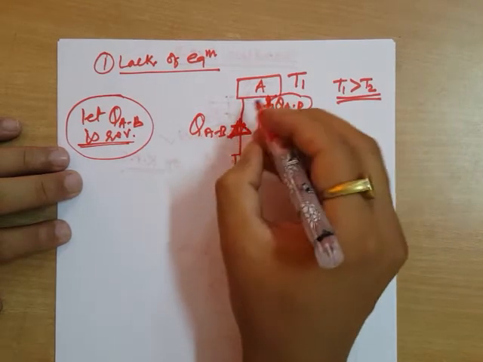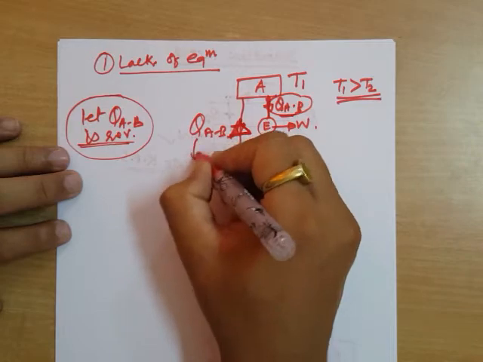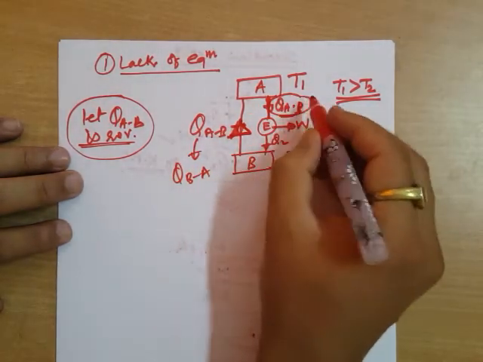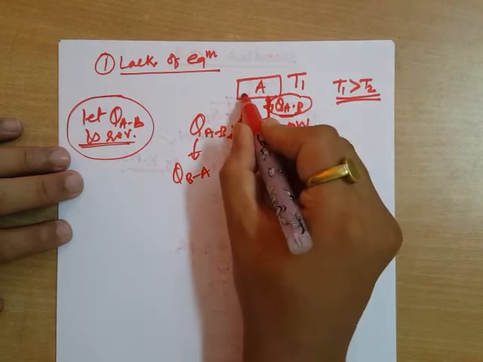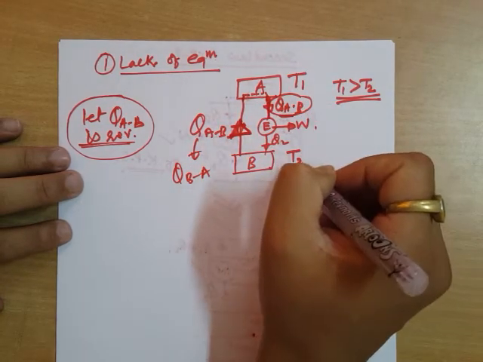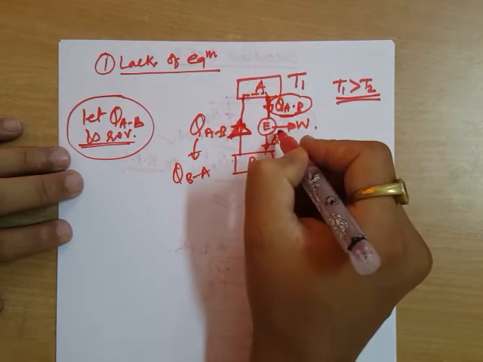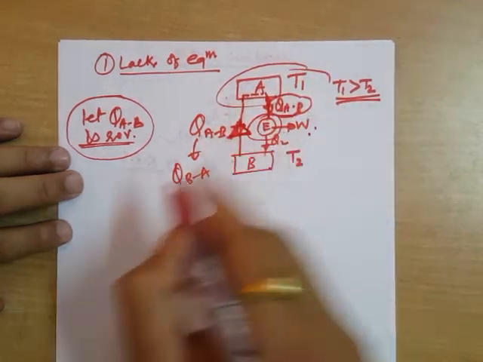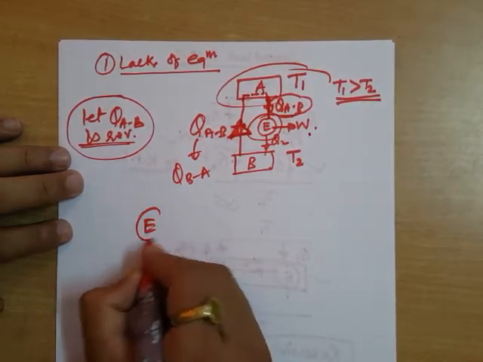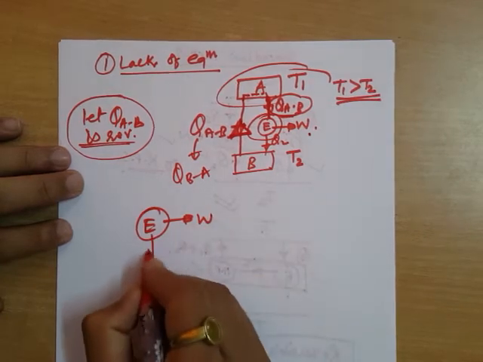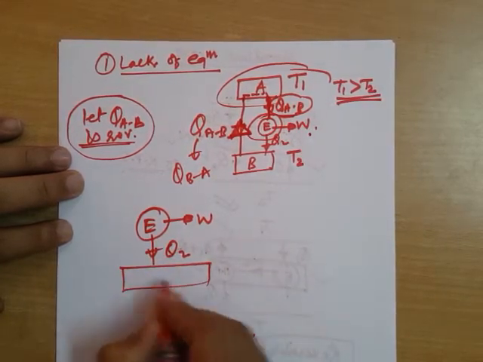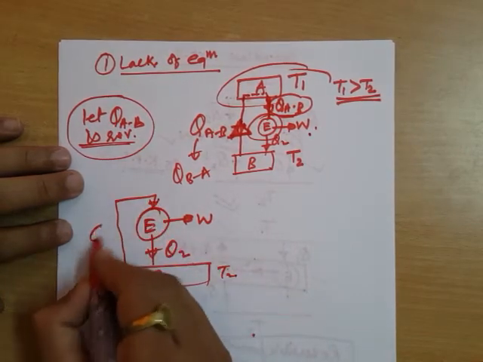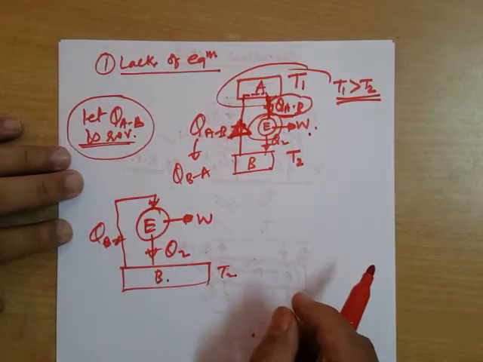So if I am reversing it, it will not be Q_AB anymore, it will be Q_BA, from B to A. The magnitudes are the same, so I can transfer this heat directly to this engine. You can see this engine is developing work, so I can omit this. So this is my engine, developing work and rejecting heat to B at T2.